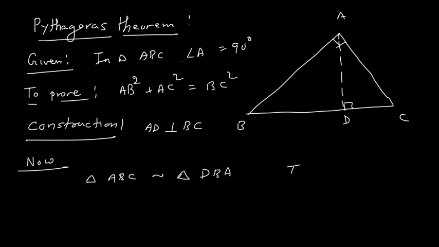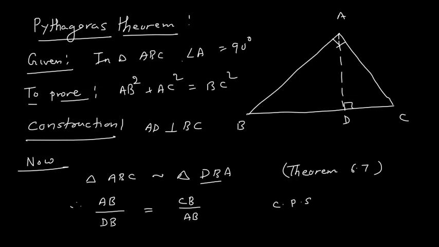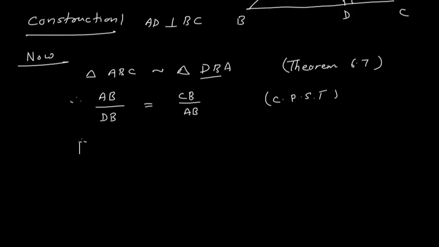This is our theorem 6.7, which we have just proved. So therefore you will get AB upon DB is equal to BC or CB upon AB, corresponding parts of similar triangles. Okay, therefore I will cross multiply and I will say that AB square is equal to CB into DB.